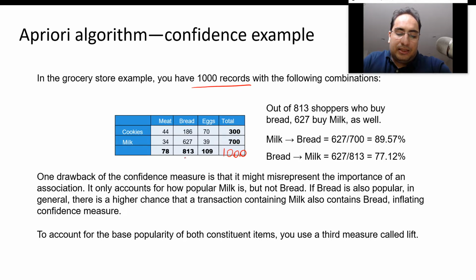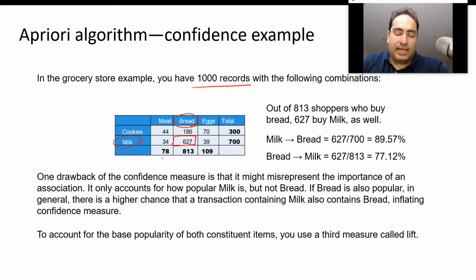Bread has been bought 813 times out of 1,000. Eggs are the same as well. So these are the transactions that we have, and we put them in this kind of neat table to find out how many times, for example, milk and bread were actually bought together.